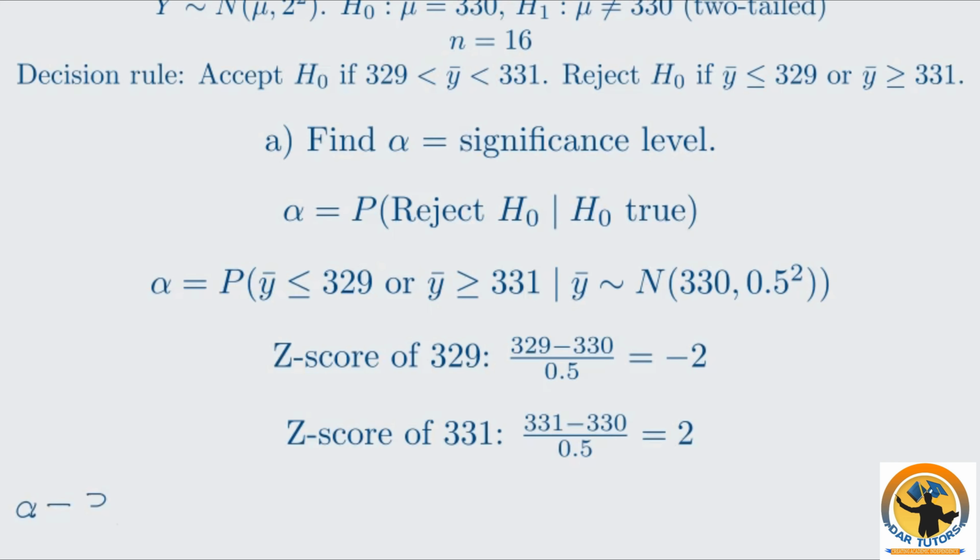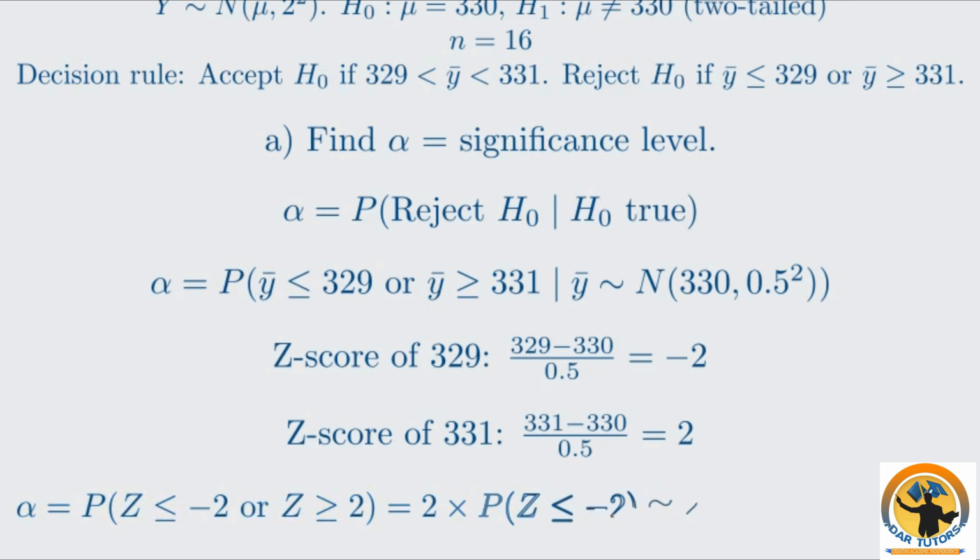Z equals (329 minus 330) over 0.5, which is minus 2, and z equals (331 minus 330) over 0.5, which is 2. So alpha is the probability that z is less than or equal to minus 2 or greater than or equal to 2. This is 2 times P(Z ≥ 2), which is 2 times 0.0228 or 0.0456. So the test has a significance level of 4.56%.